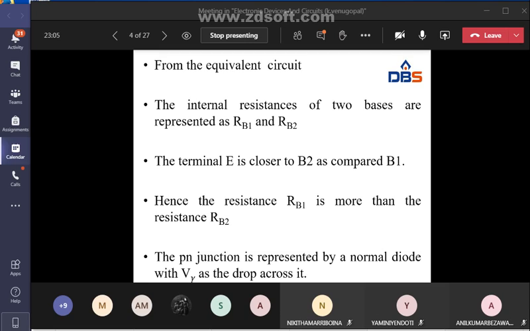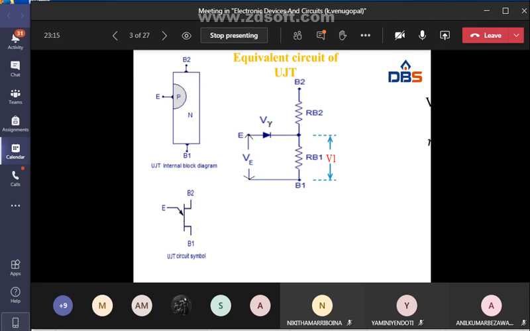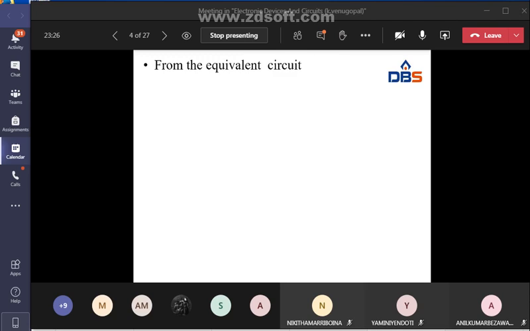The PN junction is represented by a normal diode with V gamma. Here you can see the PN junction diode at the input side.